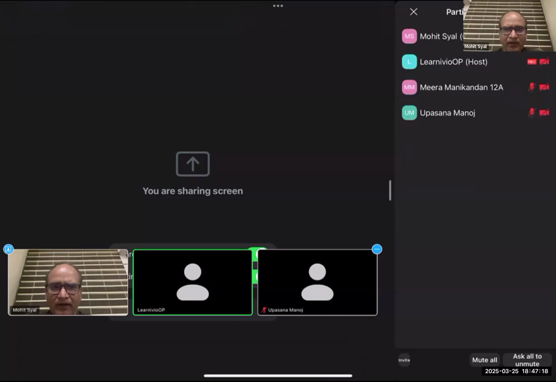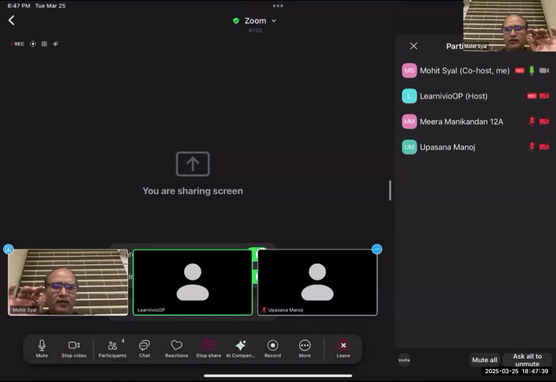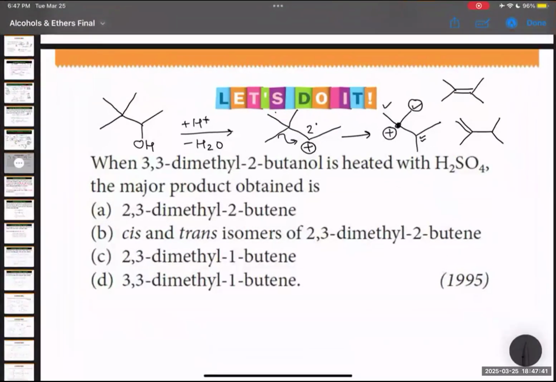The spelling could be different, but the meaning is the same. The most branched alkene is the major product. Zaitsev alkene means the alkene which has more carbon atoms around the double bonded carbon. That is going to be the major product, and this is going to be the minor product.